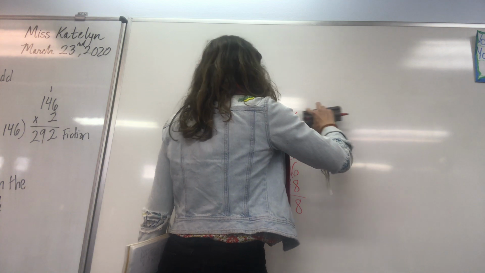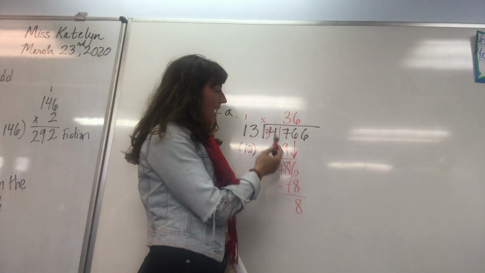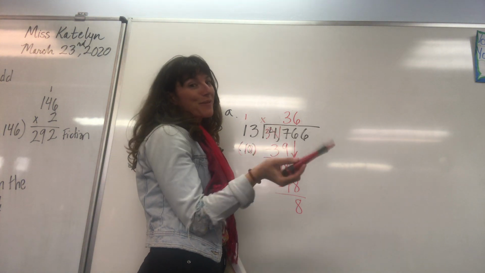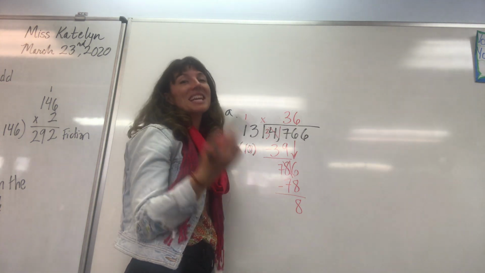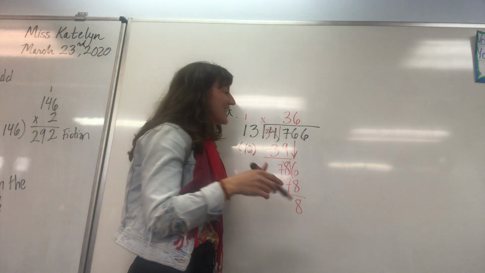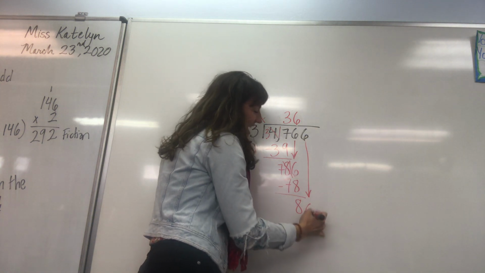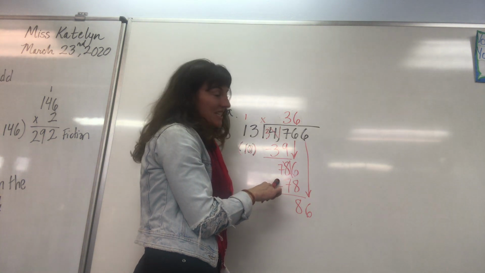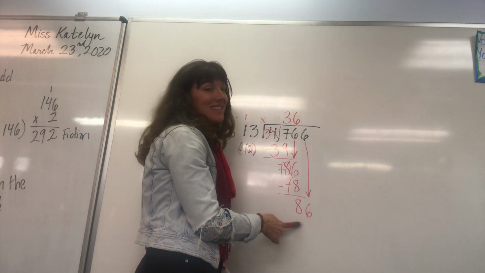Okay. Oops, I'm not done. I have to go back to the work that I did here. I divided into 47 and then 476, but I forgot about 4,766, so let's just take it back a notch. I have to bring down again. We already did 86, so I can make the same guess again for the second 86.